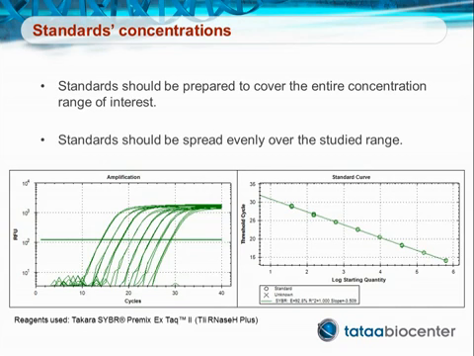Therefore, we only know the shape of the standard curve within the range we have actually tested. Second, to achieve the best precision in the concentration determination of the unknowns, we should also spread the standard points evenly over the studied range.